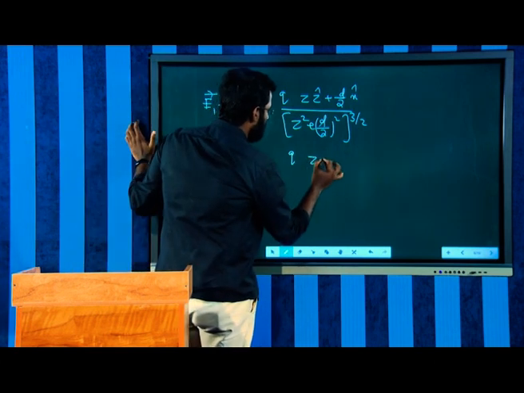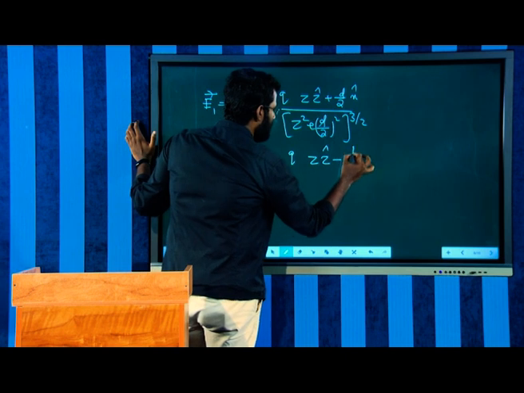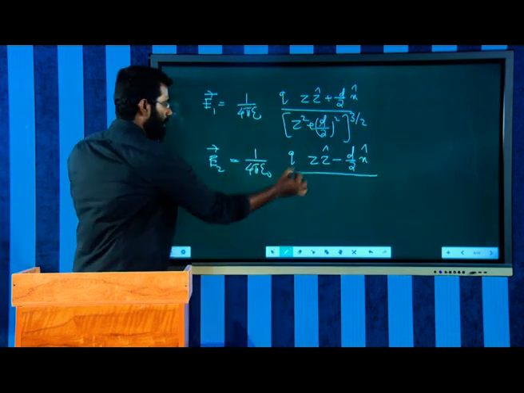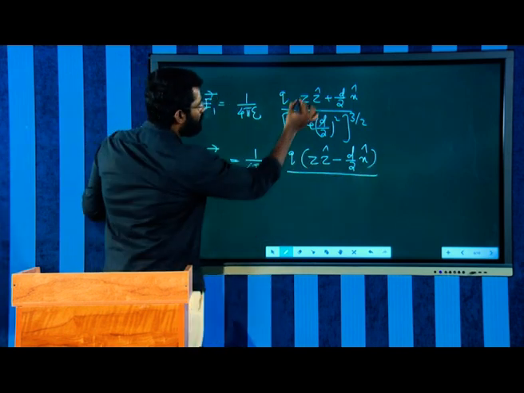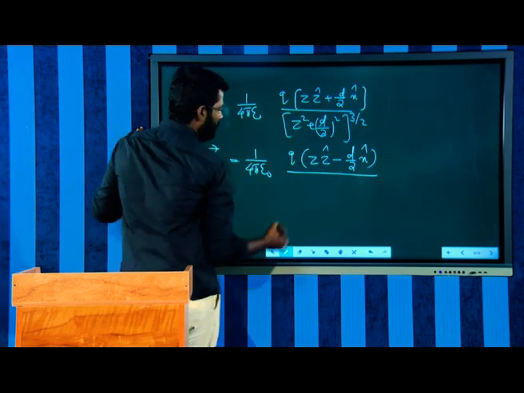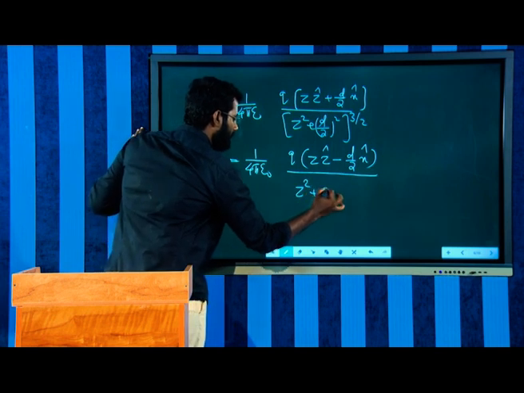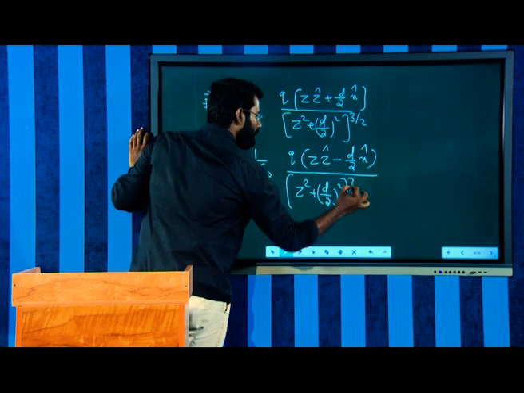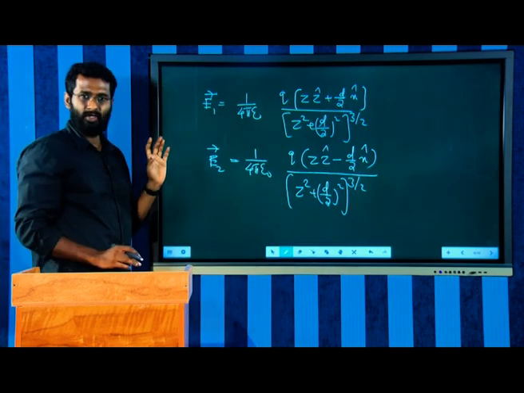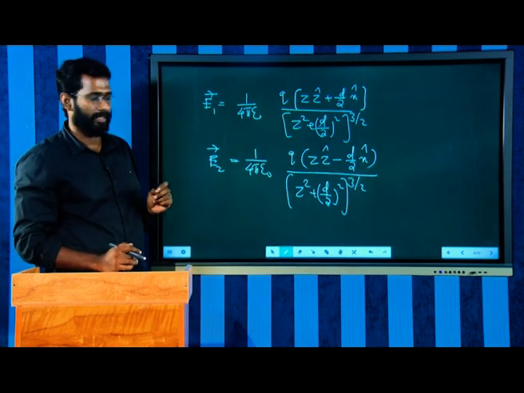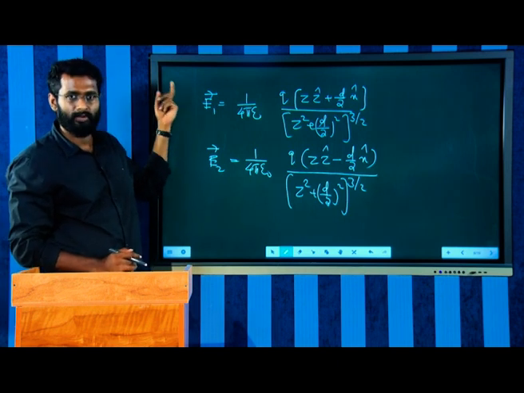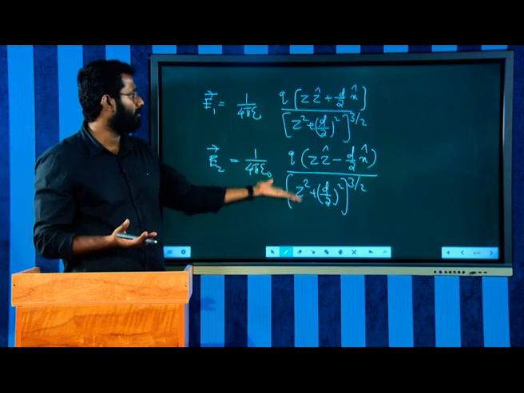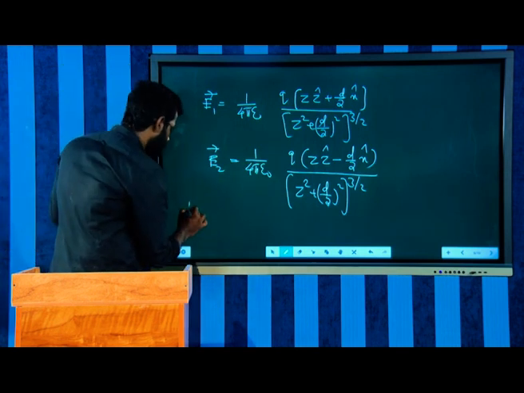We will substitute (z cap minus d by 2 x cap) whole divided by, we can put a bracket, (z square plus (d by 2) the whole square) the whole raised to 3 by 2. Now we got two individual vectors, the field due to the first charge and the field due to the second charge. Now just take the sum of these two quantities, which is very easy.